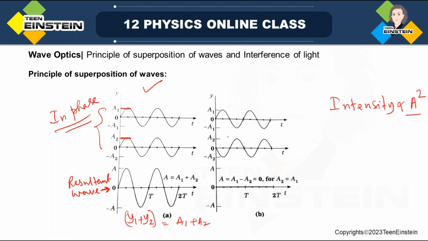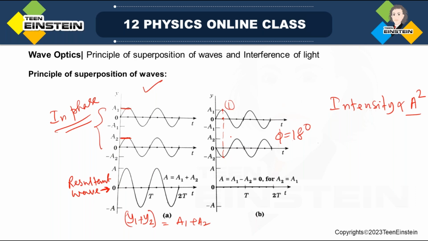Here the phase difference is 180 degrees. Phi is 180 degrees, so these two waves are totally out of phase when at the position of the crest of one, the trough of the other is falling. This wave number one has a crest at this particular position, whereas wave 2 has the trough at this position.